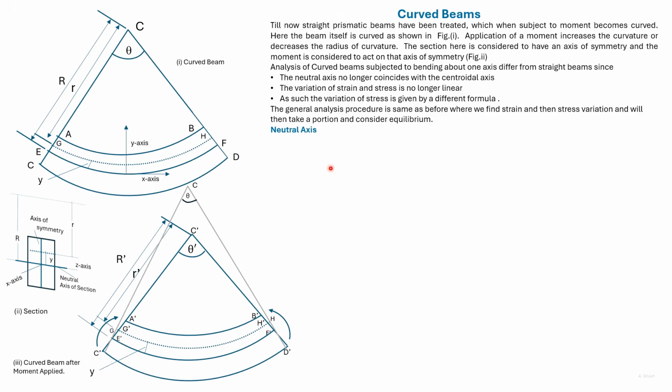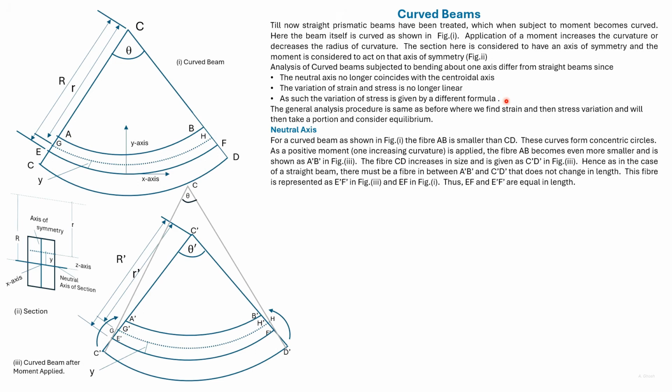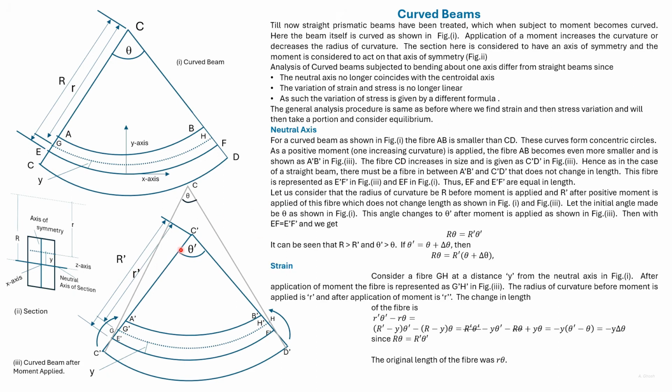We need to note that as in the case of a straight beam, with a curved beam, loading is considered to be on the axis of symmetry. Since with the neutral axis, the length does not change after application of the moment, r theta here will be equal to r dash theta dash, where the second case is after application of the moment.